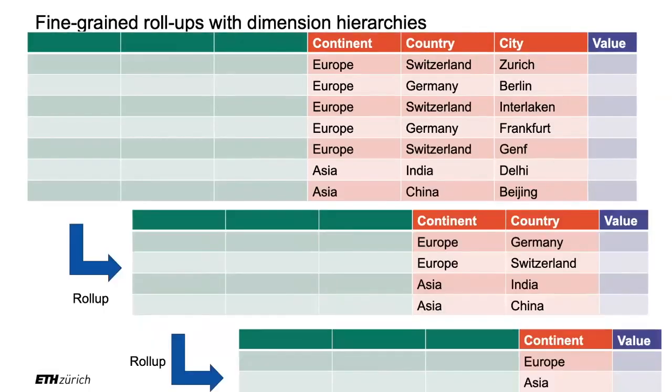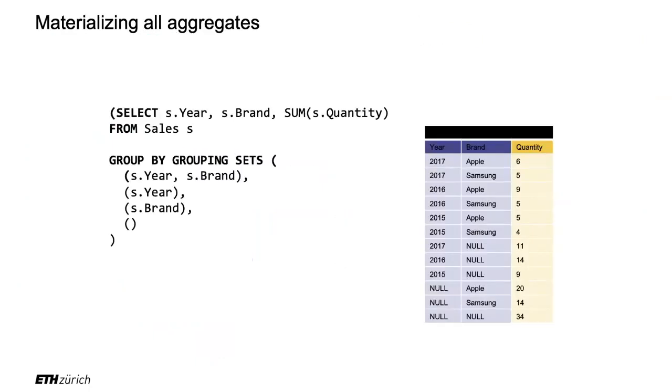What about the cube? If I do group by cube and I have n attributes, what do I get there? So imagine I had 3 attributes there instead of 2. Year, brand, and customer. How many rows do I get there?